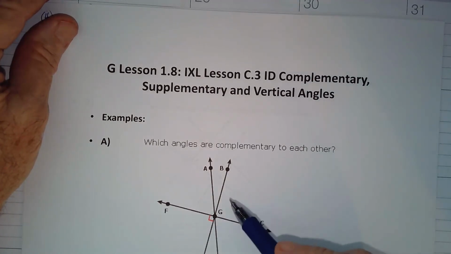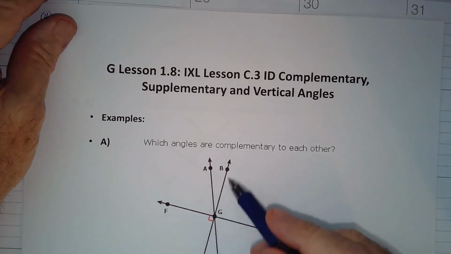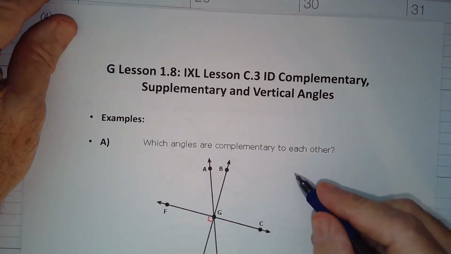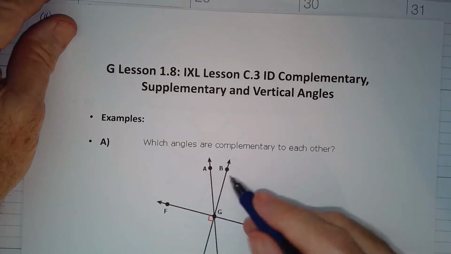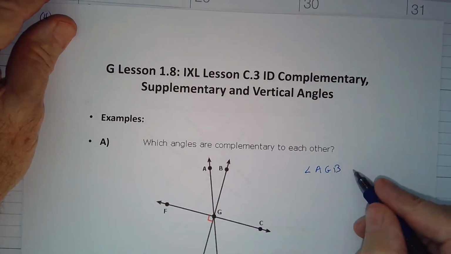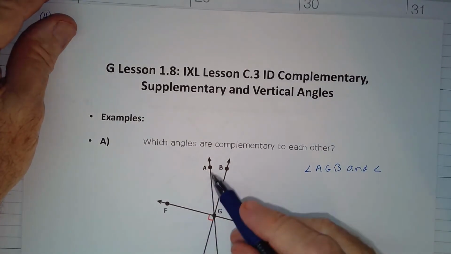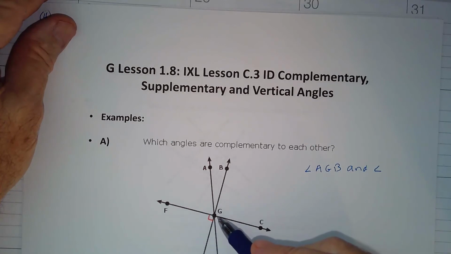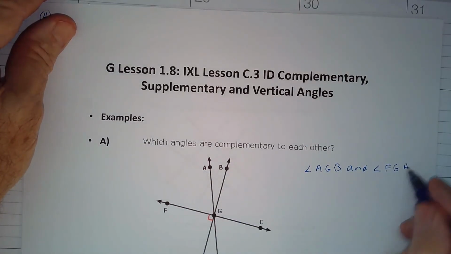So if you look at this, two angles that are complementary, we could pick several out, but I'm going to show you one. So angle AGB and angle FGA are complementary.